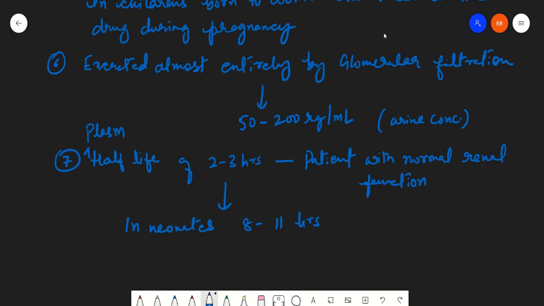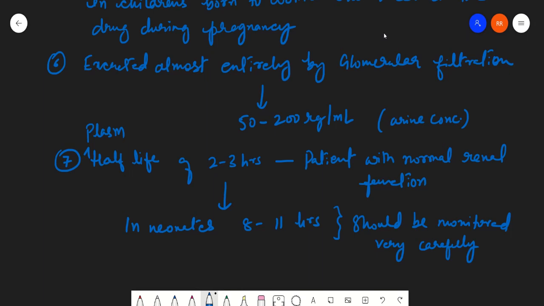So while giving aminoglycosides in neonates, it should be monitored very carefully, because the plasma half life of adults will be different from neonates.